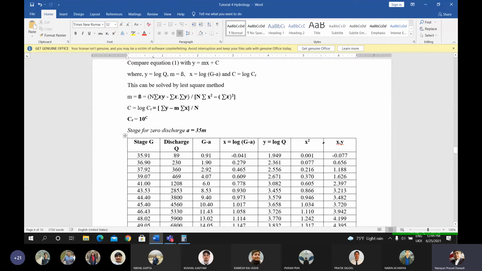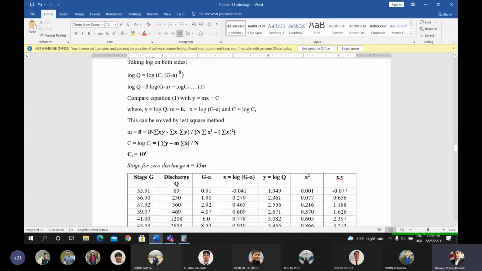Now for finding the value of beta, you need the summation x, summation y, summation x square, and the summation x whole square.